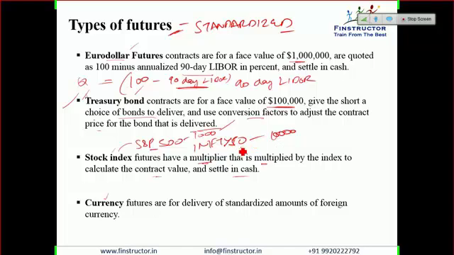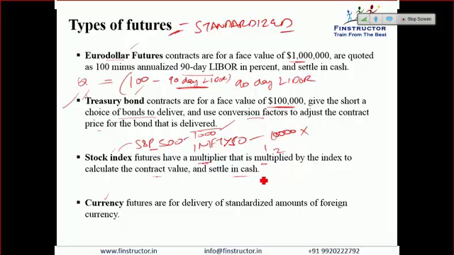So each contract will be 10,000 times the value of the index at that time. That multiplier is also set by the exchange, so you can have one contract or two contracts. This multiplier will automatically be multiplied by the value of the index to compute the payment at settlement.